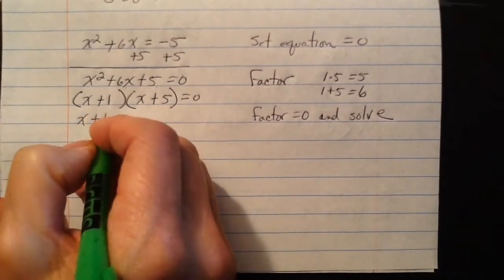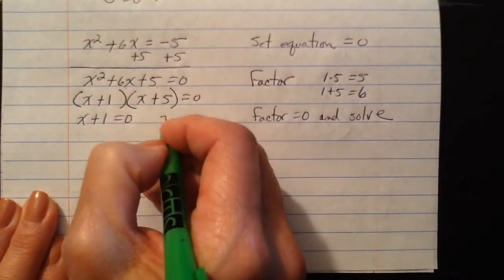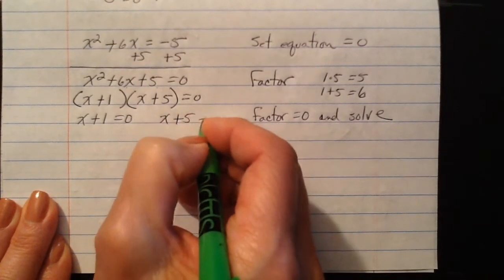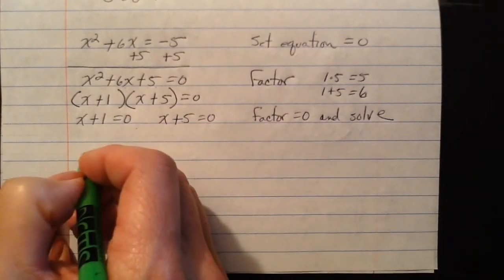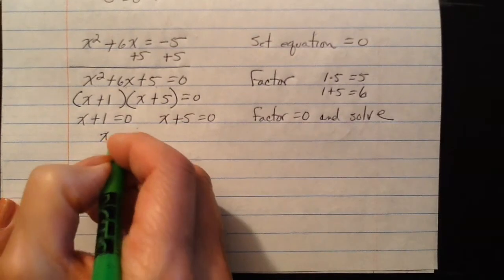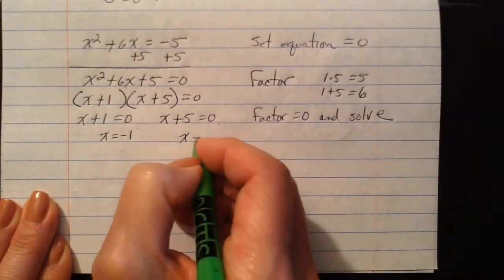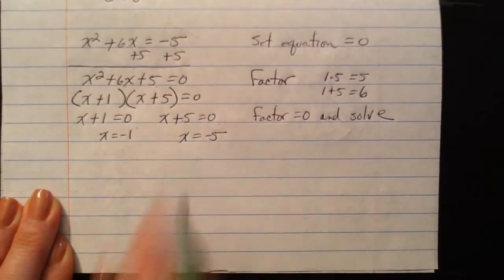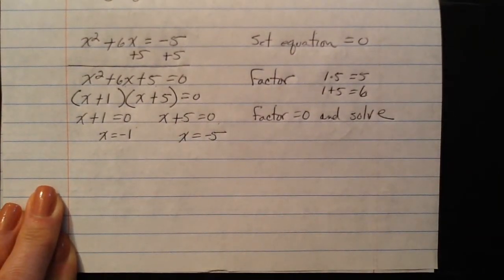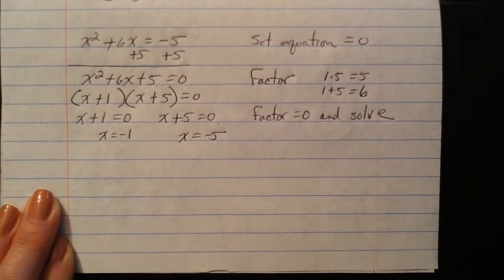X plus 1 equals 0. X plus 5 equals 0. Subtract 1 from both sides. X equals -1. Subtract 5 from both sides, x equals negative 5. Okay, let's do one more.